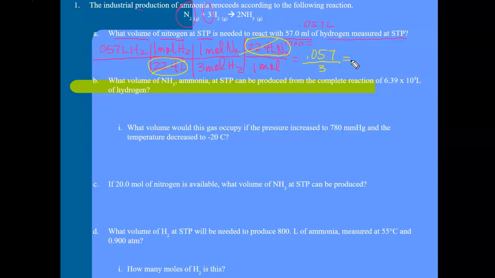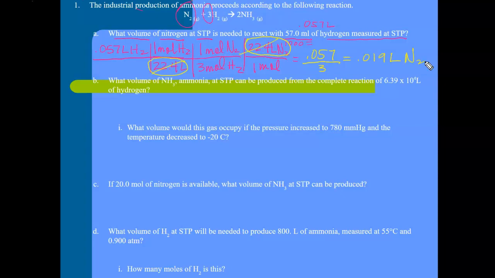So 0.057 divided by 3, and we get 0.019 liters of N2. That is a beautiful thing: we don't actually have to use 22.4. I'm going to keep showing it as we go along, but as you're going to see, you really only have to convert using that mole ratio to figure it all out. So let's take a look at the next one.